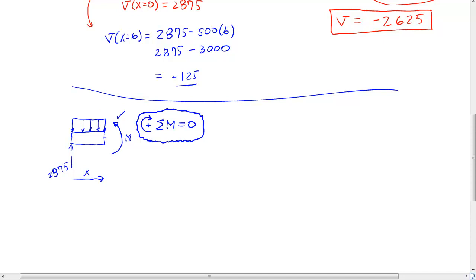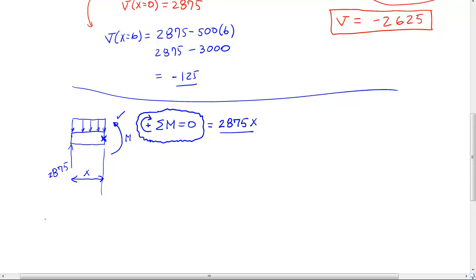So I'm going to sum the moments about this point right here. 2875 x, because this thing is x apart, sum of the moments about here, I end up with that value.